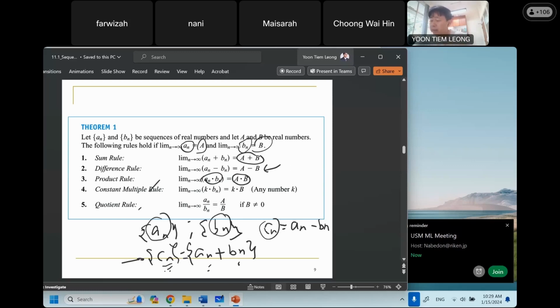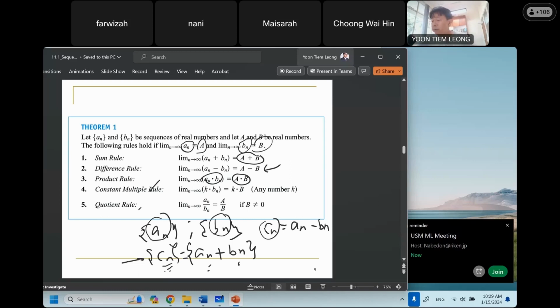At a glance, theorem 1, which applies to the limits of sequences, is very similar to the theorems that apply to the limits of functions, which we have seen in the previous chapter. So up to this point, we have understood that if a sequence has a limit, then these are the rules that apply to the limit of the sequence.